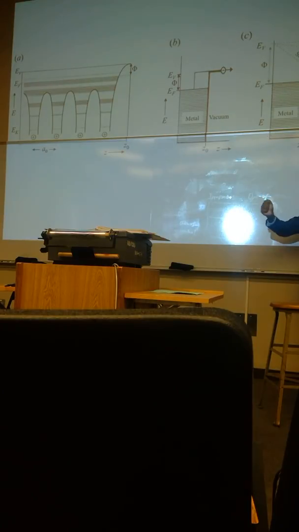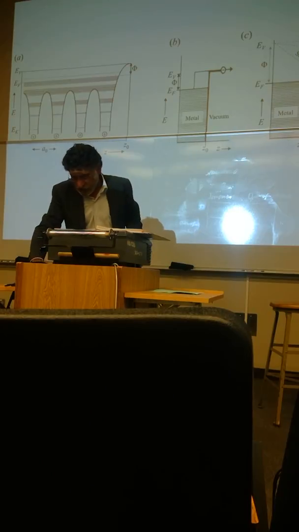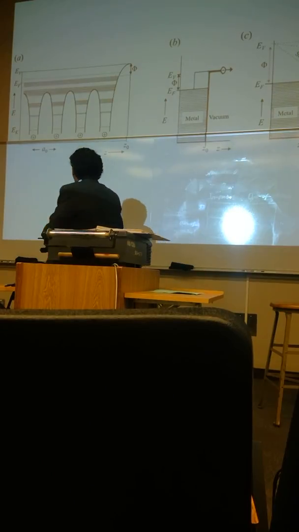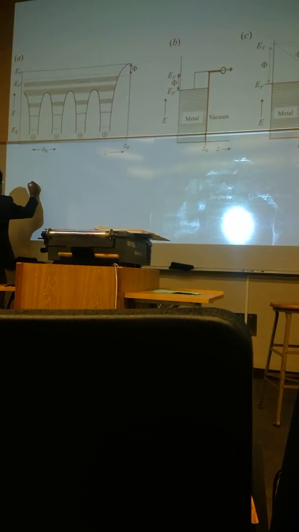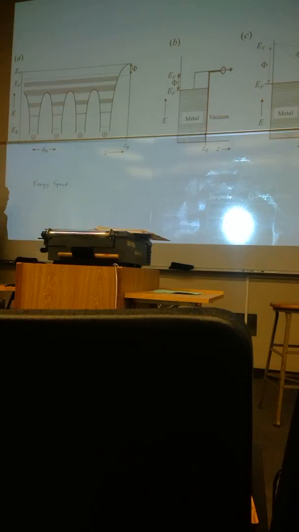There is another trade-off, and that is the current that comes out. In all of these sources, let me write a couple of the important criteria that you need. One is called the energy spread. That is the energy spread of the electrons and the energy that they have.